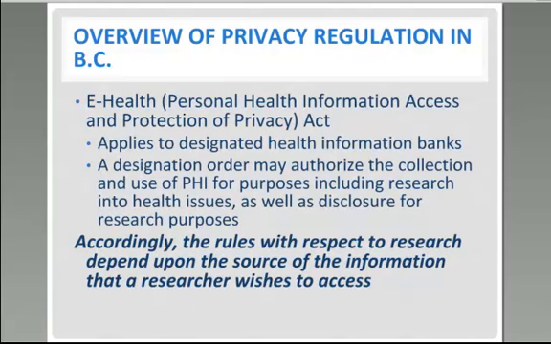So at the end of the day, you've got this scheme in BC whereby the particular rules related to accessing health information for research depend on the source of the information that you wish to access.